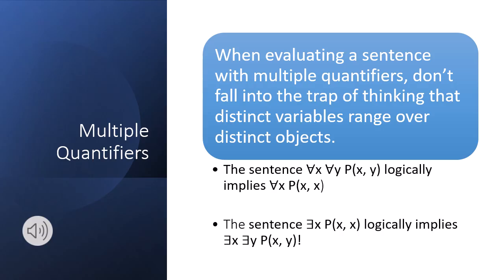When you're evaluating a sentence with multiple quantifiers, don't fall into the trap of thinking that distinct variables range over distinct objects. So for example, if you have an x and a y in your sentence that are both variables, it could very well be the case that x and y are exactly the same. So it doesn't mean that they're distinct from each other or that they're different.